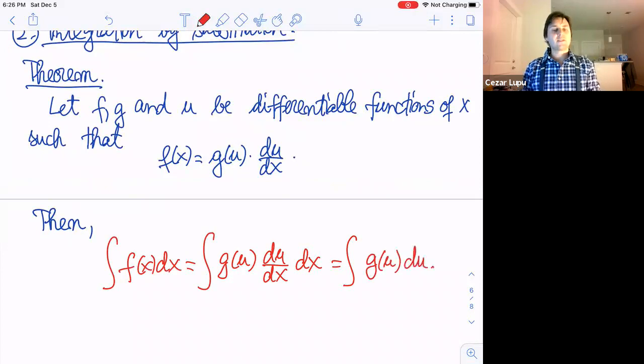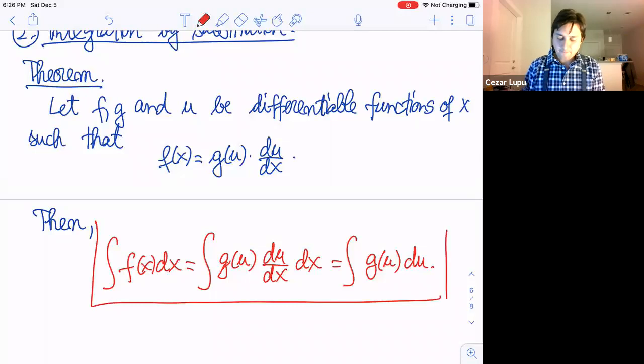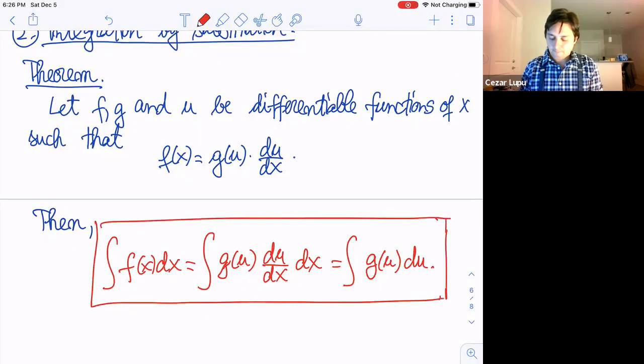So instead of x, I have u, and we call this the u-substitution. So this is the formula, right? And now I wrote this for the indefinite integrals because I would like you to see how it looks like. And we're going to operate with some indefinite integrals at first, and then we'll see some definite integrals.